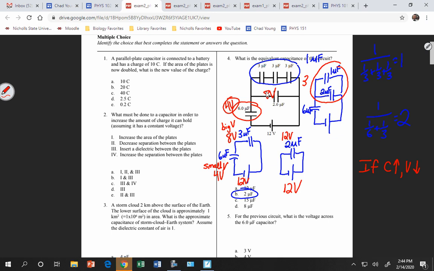So this is the equivalent capacitor, which has 8 volts. That means that this has 8 volts, and all combined, these are also going to have 8 volts. What's the voltage across one of the 3 microfarad capacitors? 8 divided by 3. Yes. All of them have 8/3 volts.